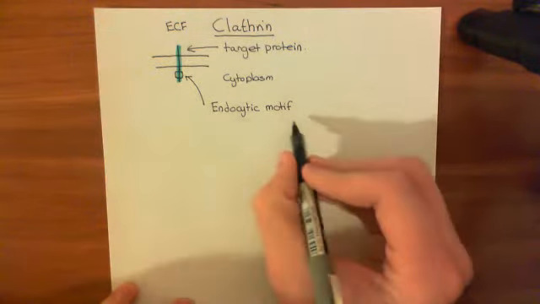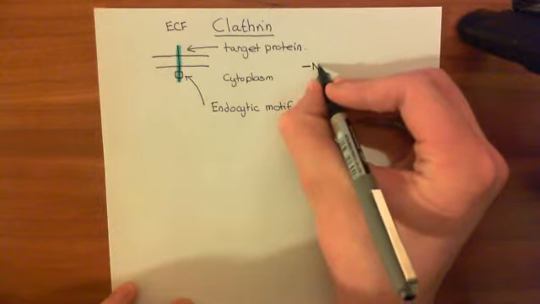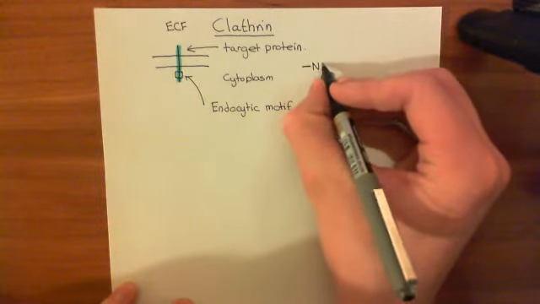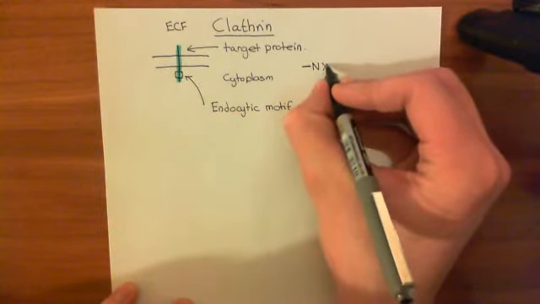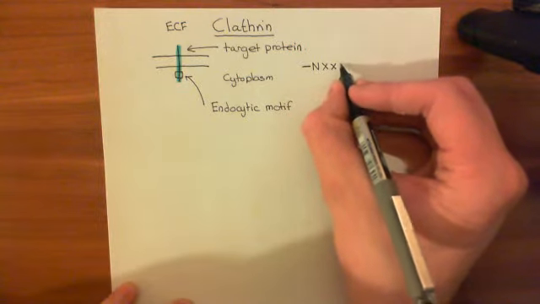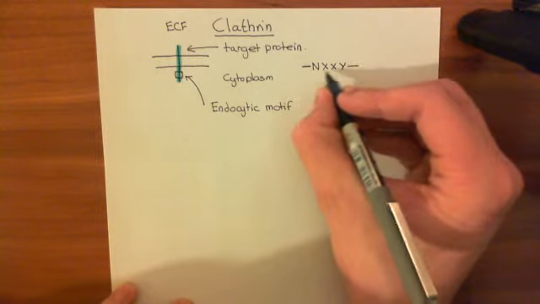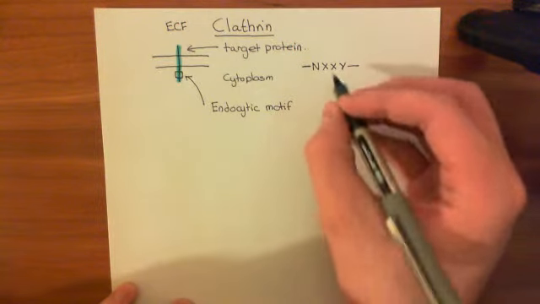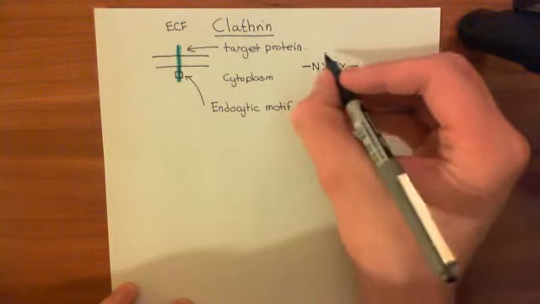And we've seen examples of endocytic motifs. The most important and famous example is asparagine, the single letter amino acid code for which is N, followed by anything. There's no amino acid which we use X for, so X just means any old amino acid can sit in either of these positions. And then finally you have a tyrosine in position 4, so the NXXY combination is an endocytic motif. Let me label up these single letter codes.